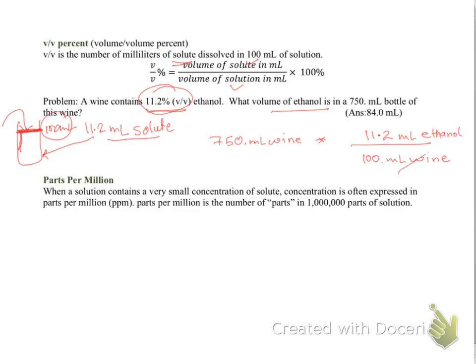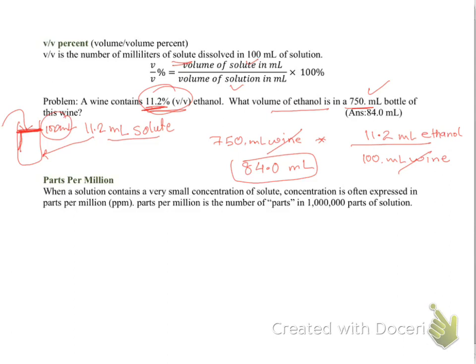So this milliliter wine cancels out. So here 750 times 11.2 divided by 100 gives exact 84. But since I need 3 significant figures, I will write it down, 84.0 milliliter. So if you have a 750 milliliter bottle of the wine, then that contains 84 milliliter of ethanol. The rest of it is the water.